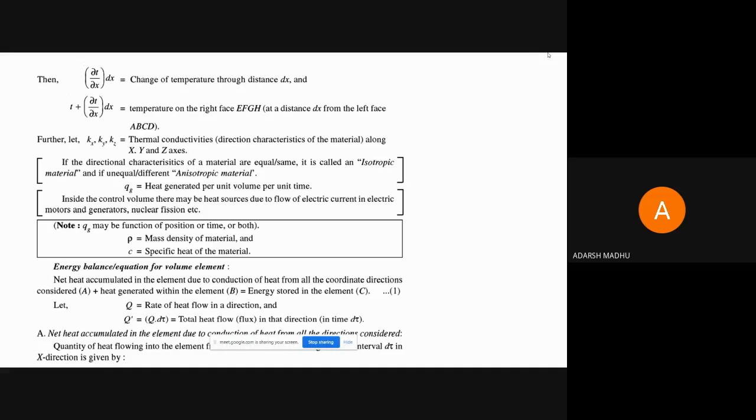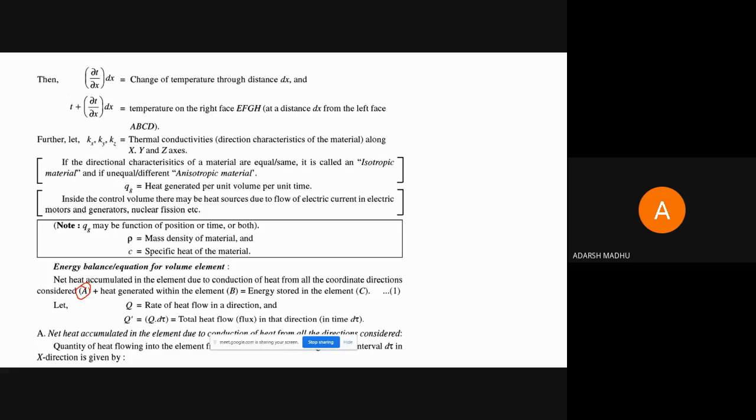The total derivation is termed A plus B equal to C. A is the net heat accumulated in the element due to conduction of heat from all coordinate directions, plus the heat generated within the element, which is B, equal to C, the energy stored in the element.